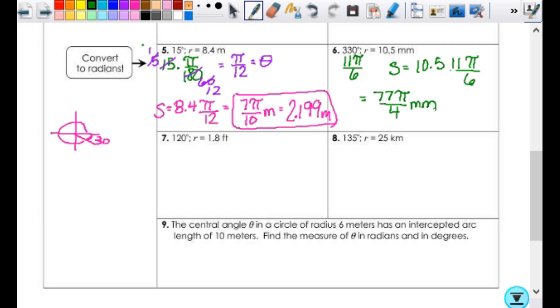I got 77 pi over 4. Y'all agree with that? Good. Glad we agree. And then that gives me 60.476 millimeters.